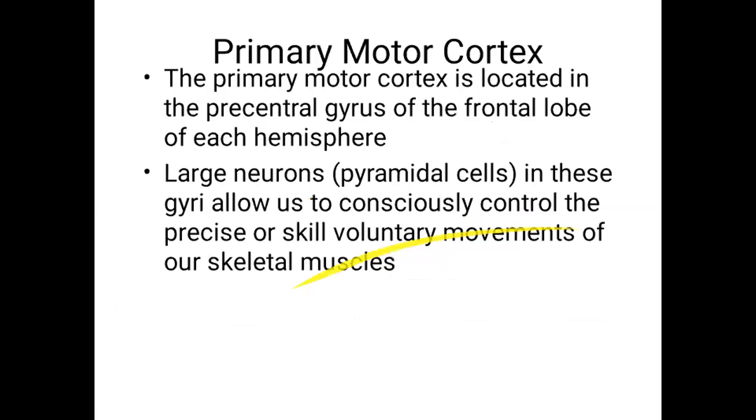This motor area is the origin of the pyramidal tract. Your major fibers of the pyramidal tract arise from this primary motor area, area number 4, which is located in the precentral gyrus of the frontal lobe.